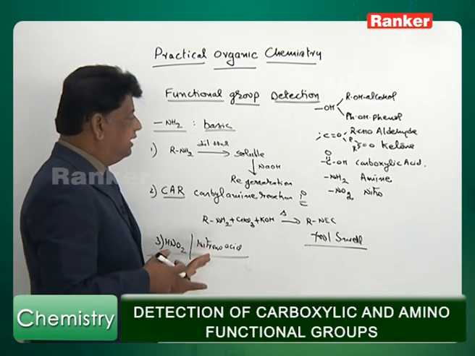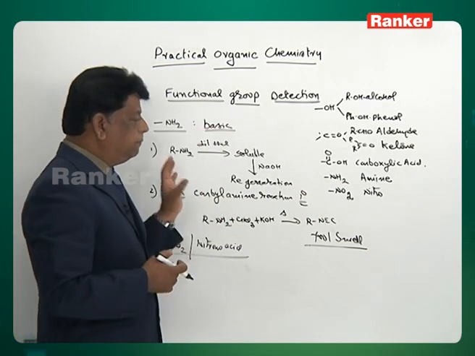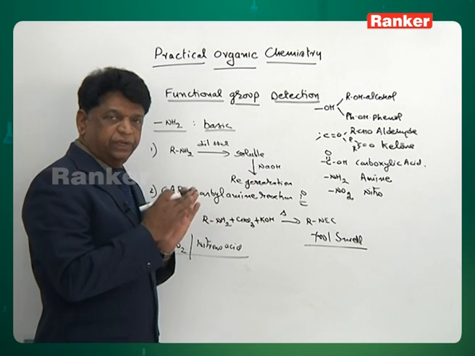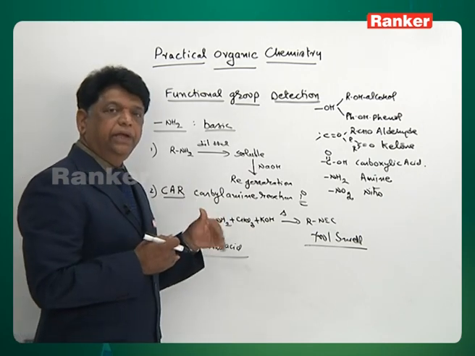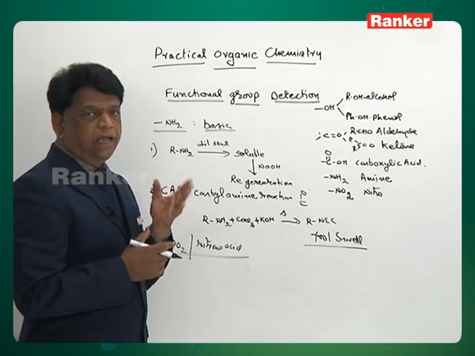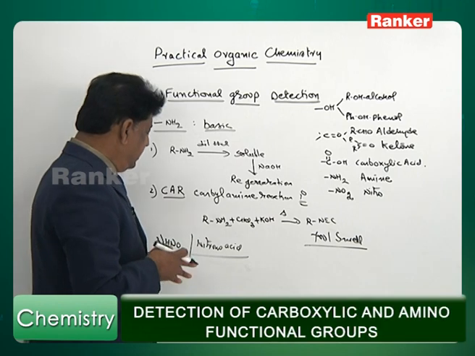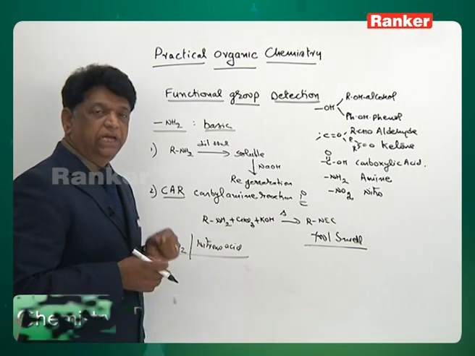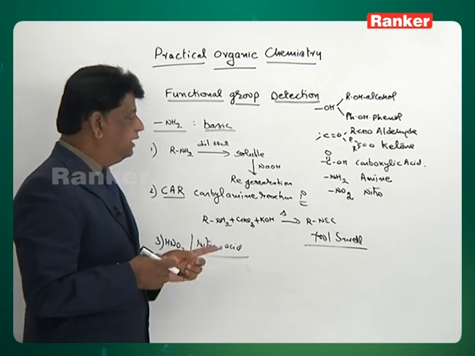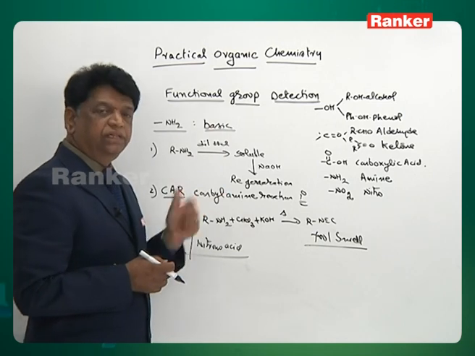Let us have a detailed discussion, leaving the nitro group aside. First, amines can be classified into 2 types, aliphatic and aromatic. In the aliphatic there are 1 degree, 2 degree, 3 degree. In aromatic also 1 degree, 2 degree, 3 degree. All these amines react with nitrous acid, that is HNO2, in a different way. Therefore, this is a differentiating test, not only for amines versus other compounds, but within the amines also.